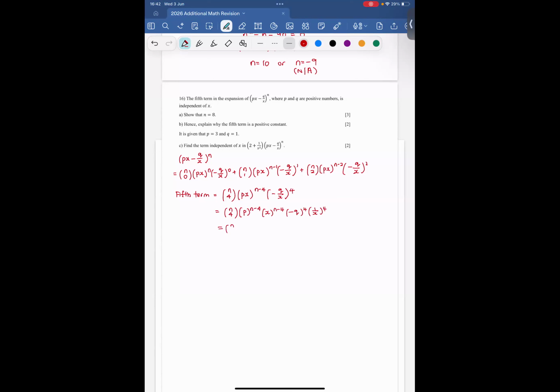Throw all the numbers to one side. The x put together, this is x power n minus 4, this is x to the power of minus 4. So the question says that the fifth term is independent of x. So this must be equal to x power 0. So n minus 8 equals 0, n equals 8.